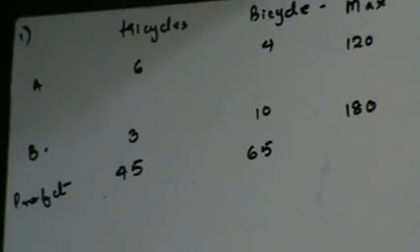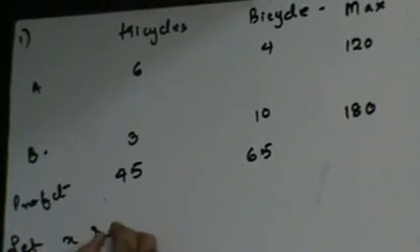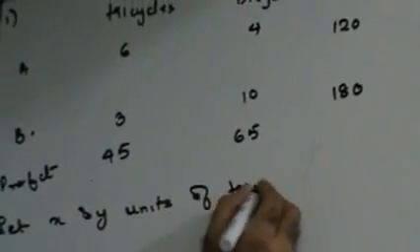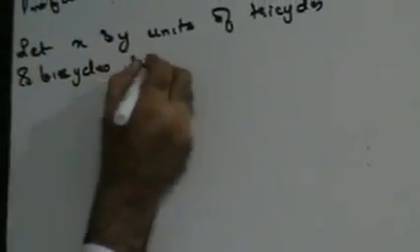Formulate an LPP. Right? I've made the table. We will say that let X and Y units of tricycles and bicycles be made.